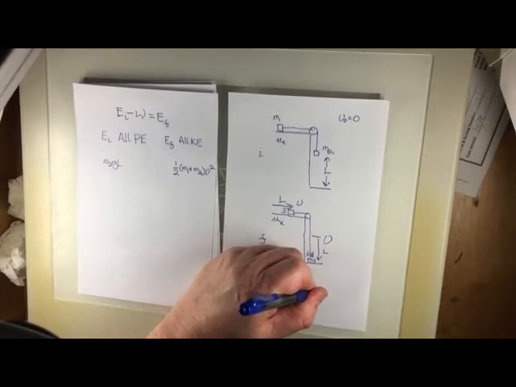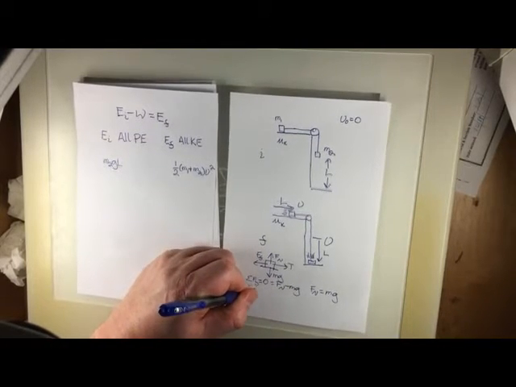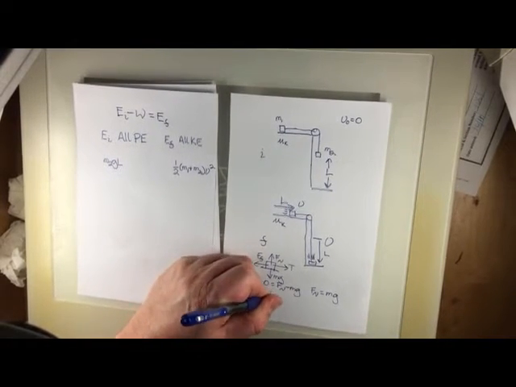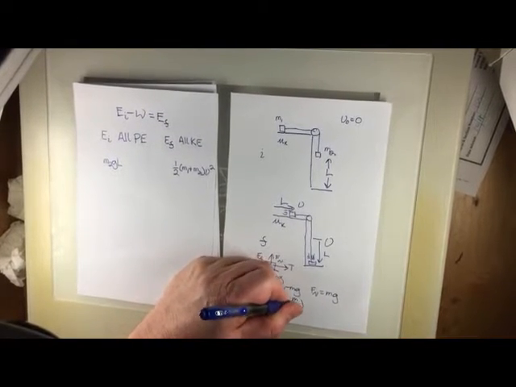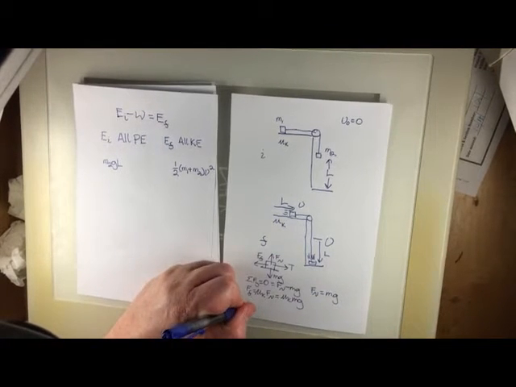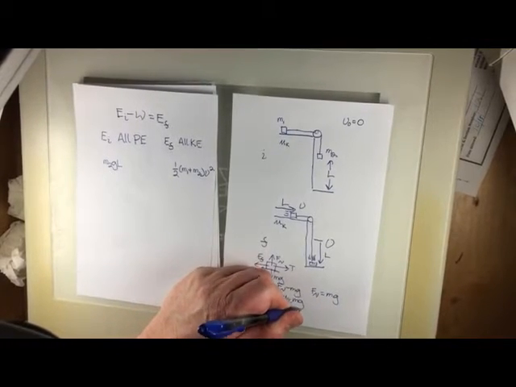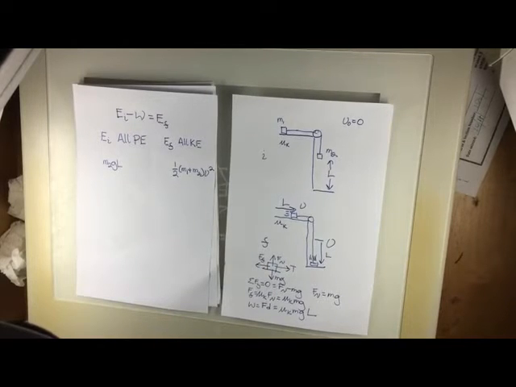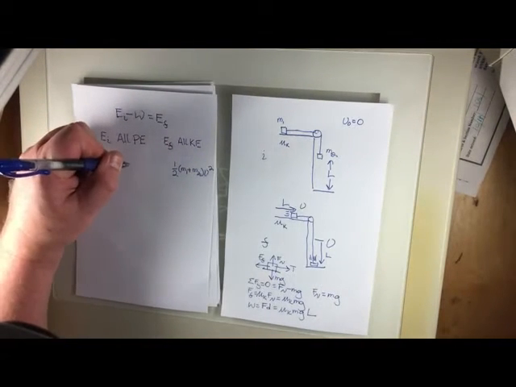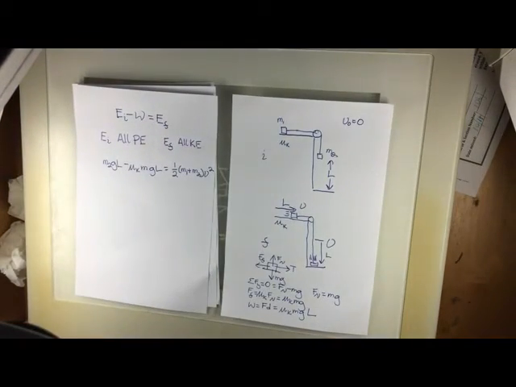So Fn is equal to mg. Friction force, which is mu sub k Fn, is mu sub k mg, and work is force times distance, so that value is mu sub k mgL. The distance is L, the friction force is mu sub k mg. So it is minus mu sub k mgL is equal to this.